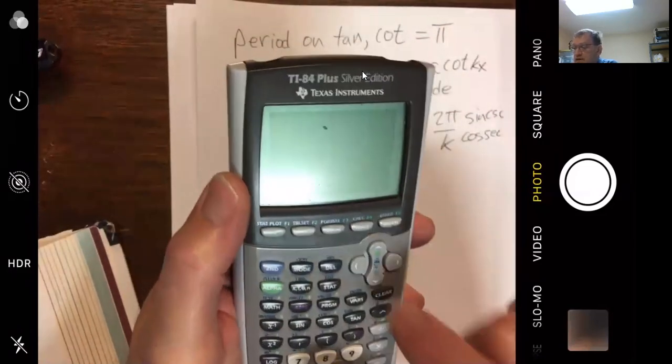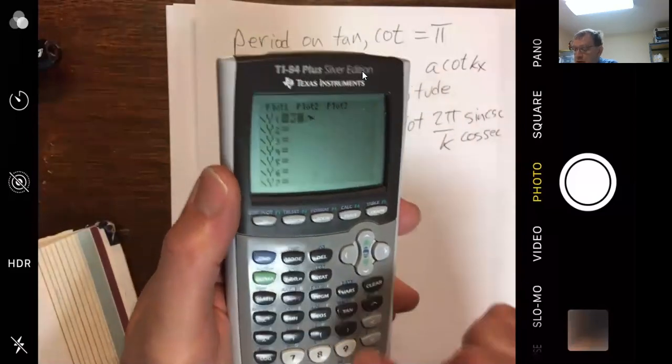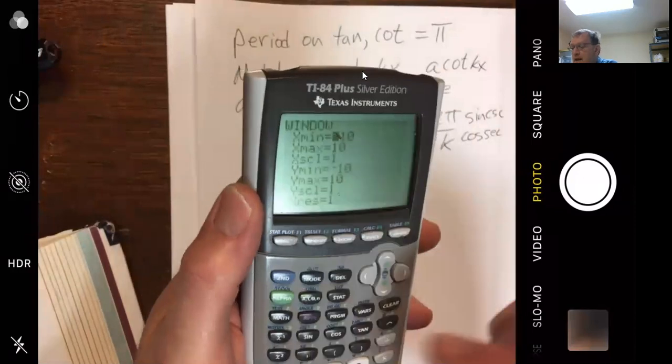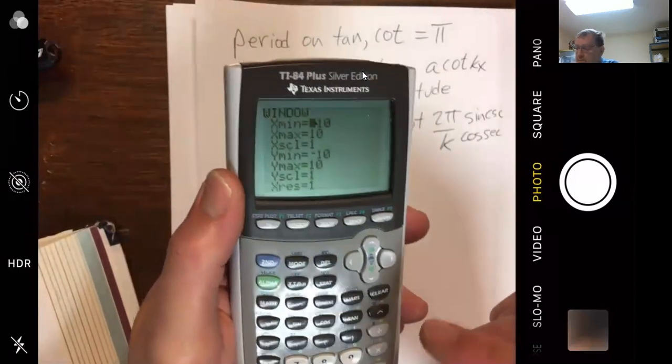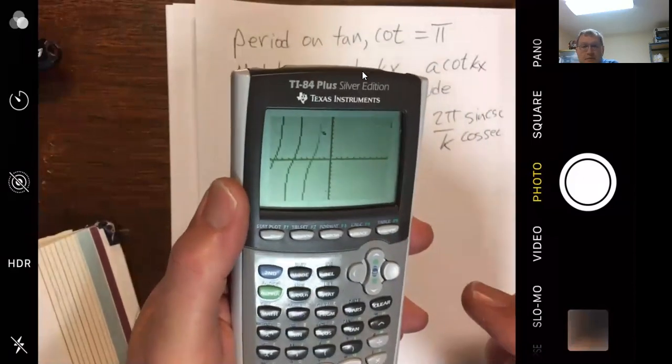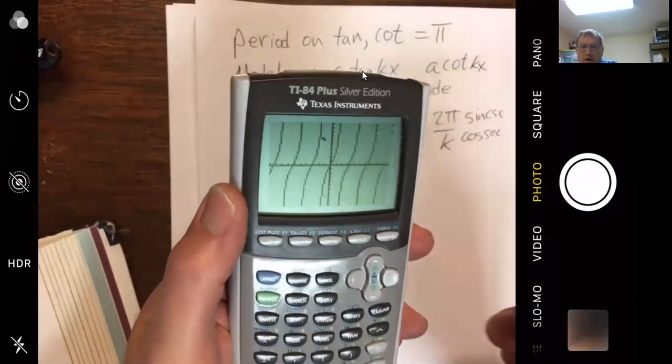You don't pair anything with it. Just enter it by itself and copy down what you see. 3 tan x. Pretty much use a standard window graph. Compare it to straight tangent x, but the curves are a lot steeper. They go up 3 times quicker, in other words.